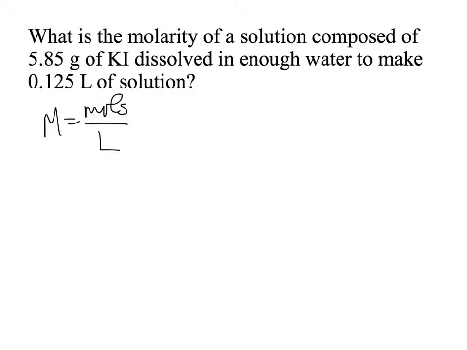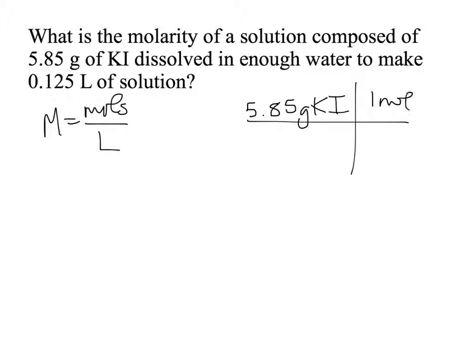I can convert the 5.85 grams of potassium iodide into moles by using its molar mass. And so I'm just going to set up my calculation like we've done in the past. 5.85 grams of potassium iodide. Well, I want to put the moles on top, and I want to put 1 mole. Right? Whenever it's moles and grams, it's always 1 mole.